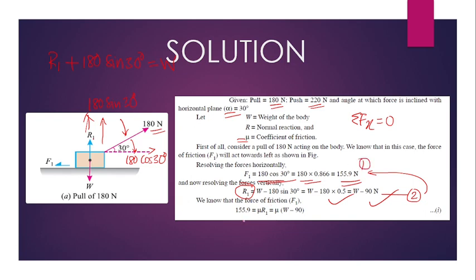Then 155.9, that is F1, equals mu into R1. R1 is the normal reaction in the first condition, so F1 equals mu into R1, which equals mu into (W minus 90).